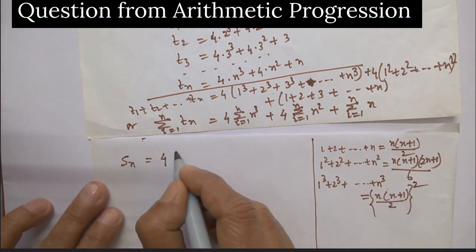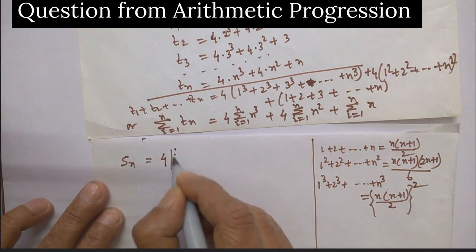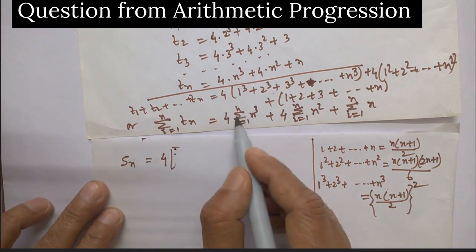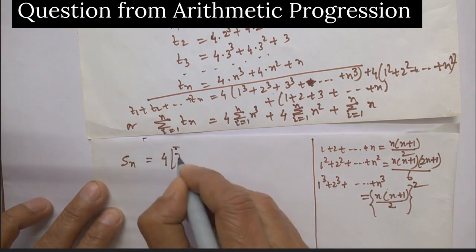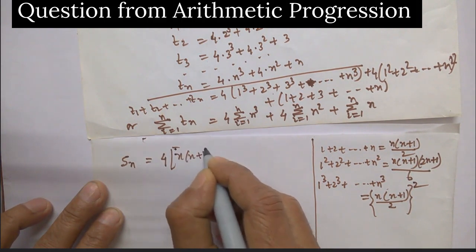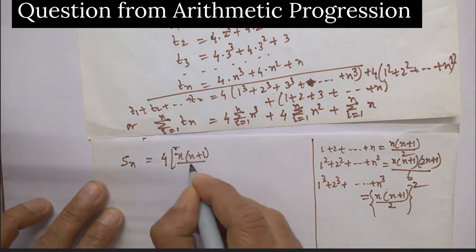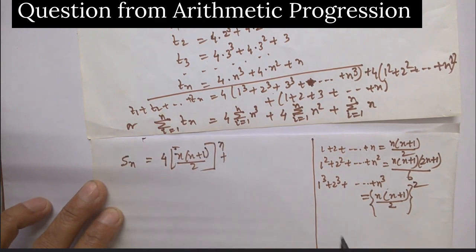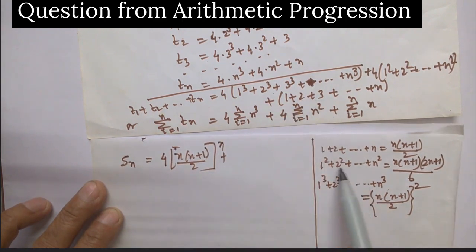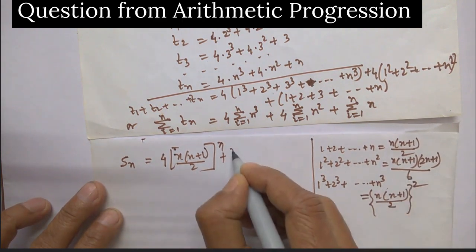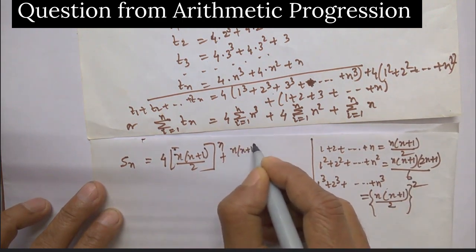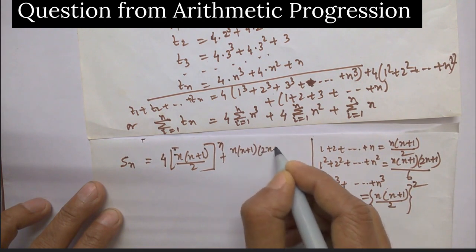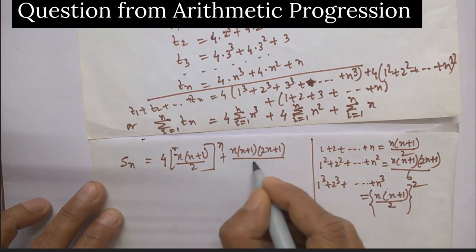Replacing this by (n into (n plus 1) by 2) whole square, plus replacing this by n into (n plus 1) into (2n plus 1) by 6.